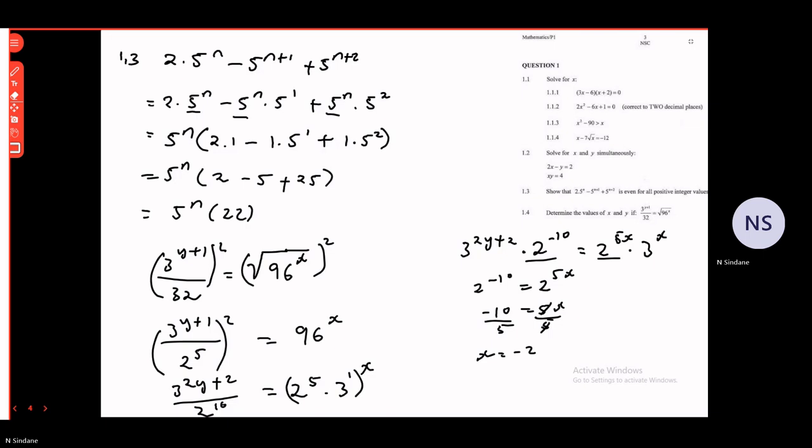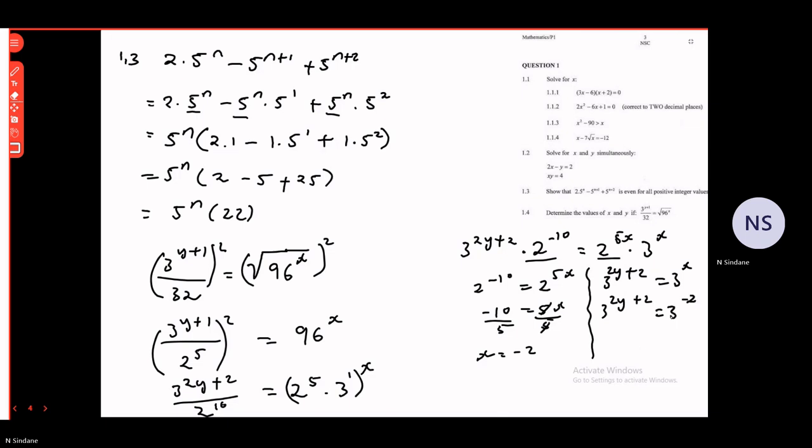Now that I've dealt with the ones with base 2, I need to deal with the ones with base 3. Then this will be 3 to the power 2y plus 2 is equal to 3 to the power x. Now that I know the value of x, I substitute: 3 to the power 2y plus 2 is equal to 3 to the power negative 2.